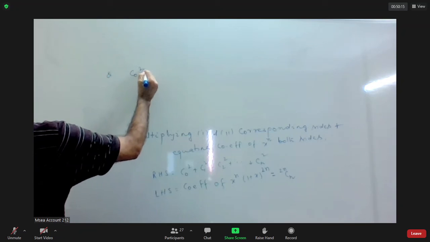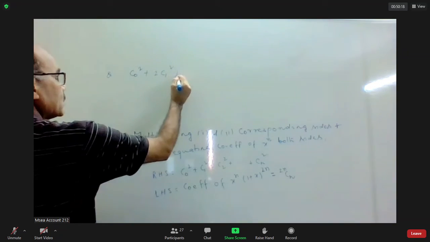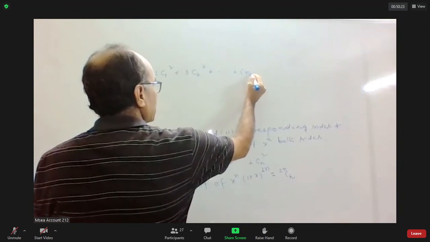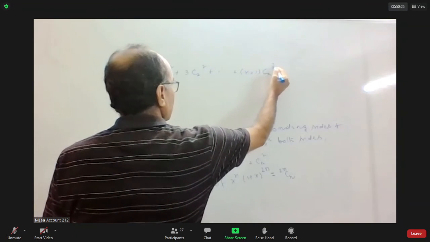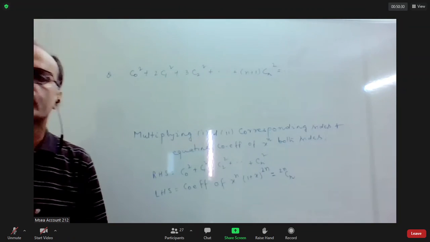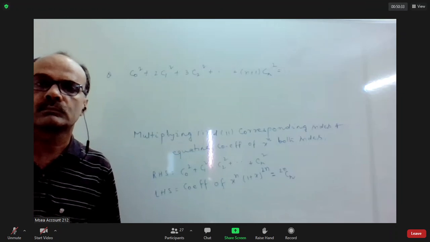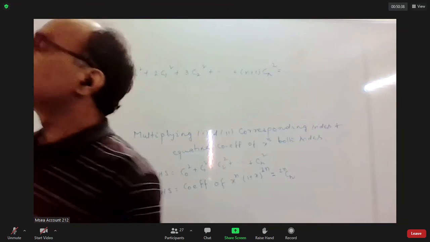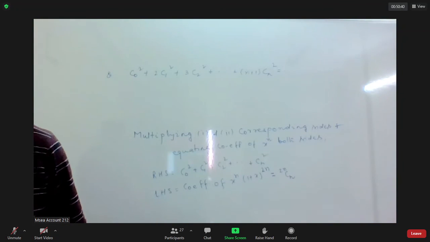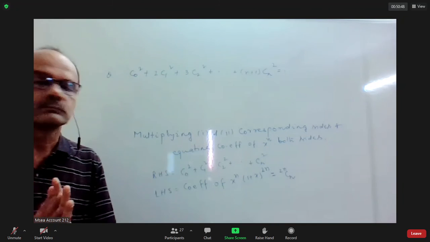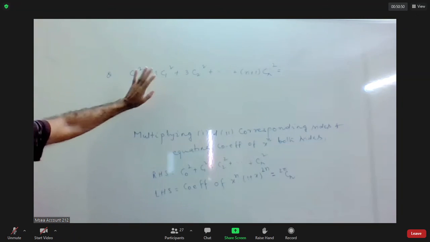Next, try this: C0 square plus twice C1 square plus thrice C2 square, and so on, plus n plus 1 times Cn square. Find this value. I'm giving you a hint.